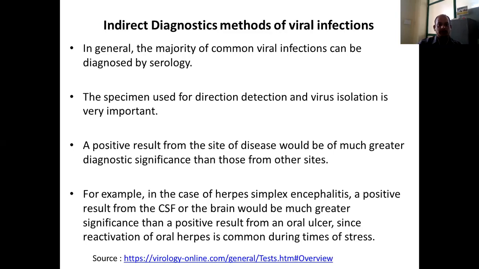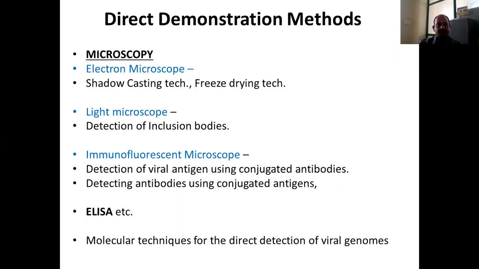So both direct as well as indirect methods of diagnosis are important, but it is more preferable if there is direct demonstration of the virus in the clinical specimen, as that has more weightage, or it is a confirmatory test for the diagnosis of viral infection.